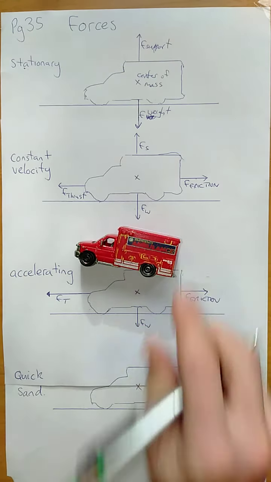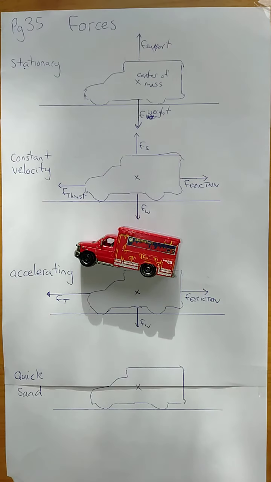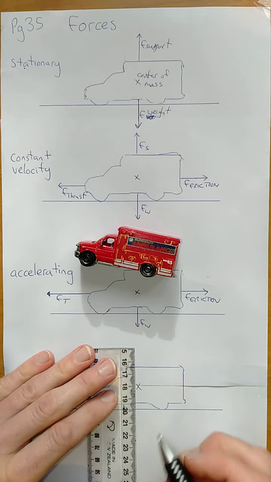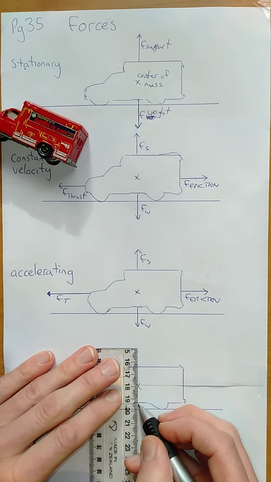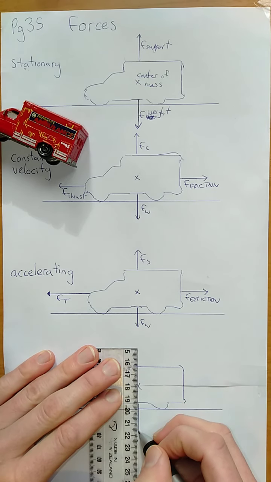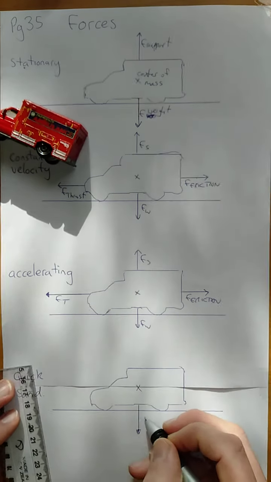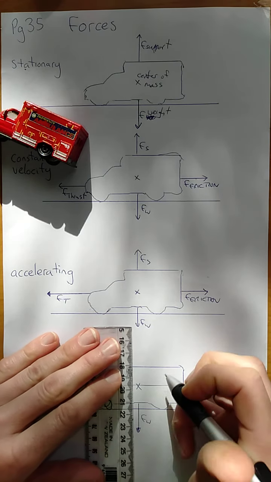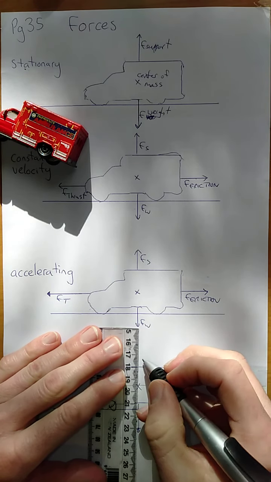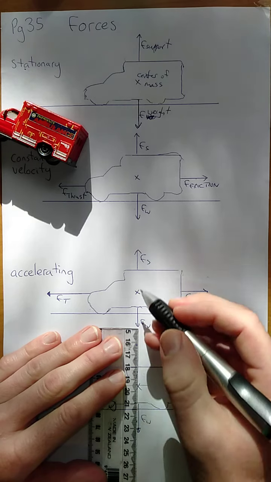Now, in this one, unfortunate things happened, and our ambulance has travelled through some quicksand. So our force weight is going to be the same, 2 centimeters as what it always was. So we'll measure that one down. Force weight going down. The problem though is that the support force is no longer as much as what it was.